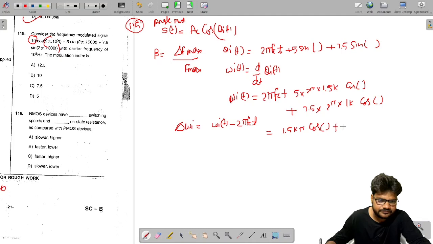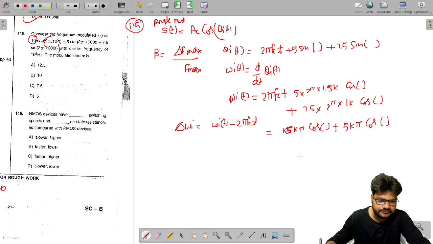So this is going to be 15k pi, because the decimal term will cancel out. Similarly this is also going to be 15k pi, and cos.